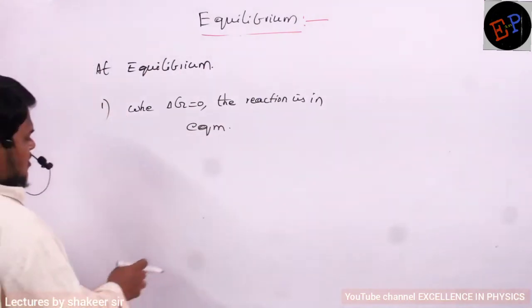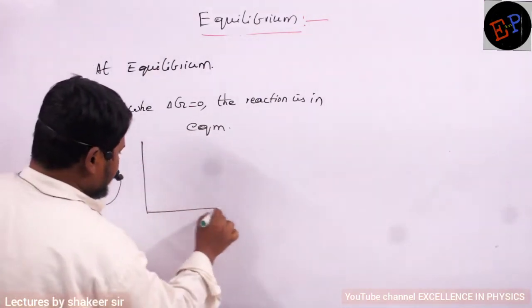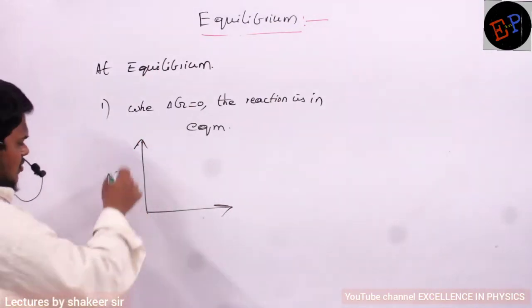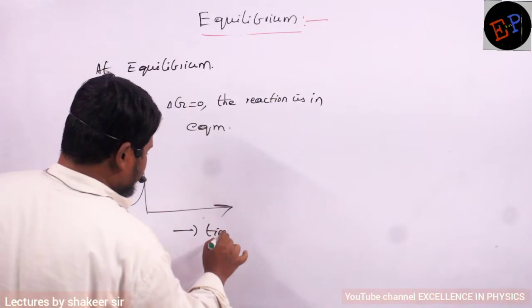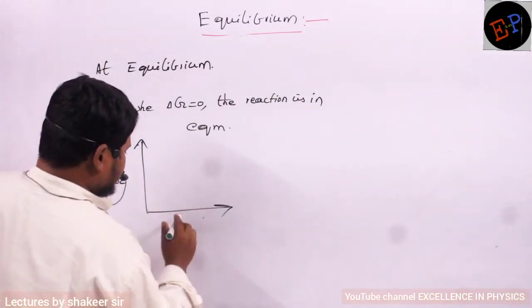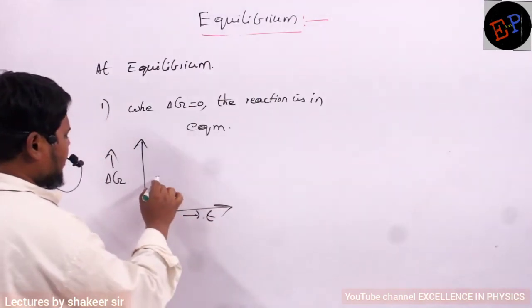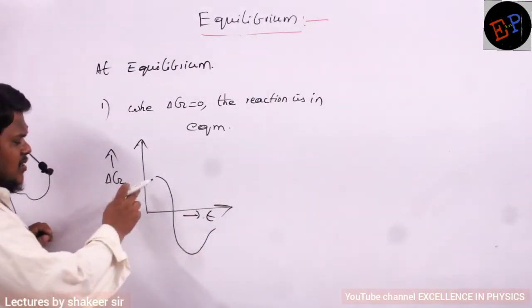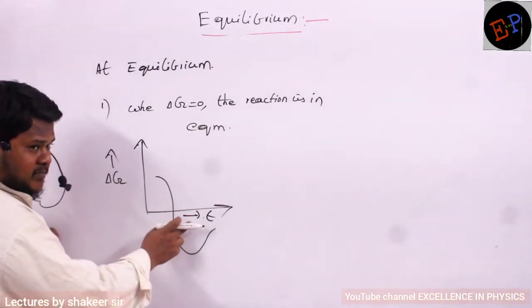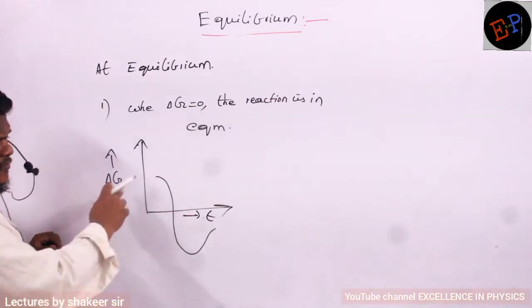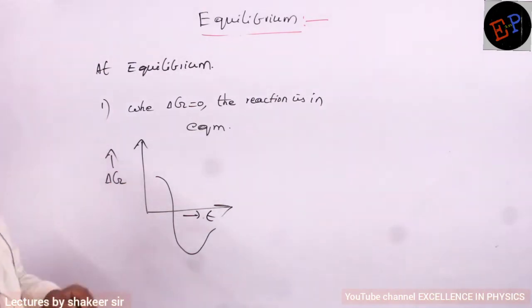Let us try to understand this by drawing a diagram. Consider this is delta G, change in Gibbs free energy, on the y-axis, and this is the time which is taken on the x-axis. Let us consider a reaction is happening like this. If I draw a graph between delta G and time in a particular reaction, this is how delta G is varying with respect to time. Then where is that position where equilibrium is present in the reaction?